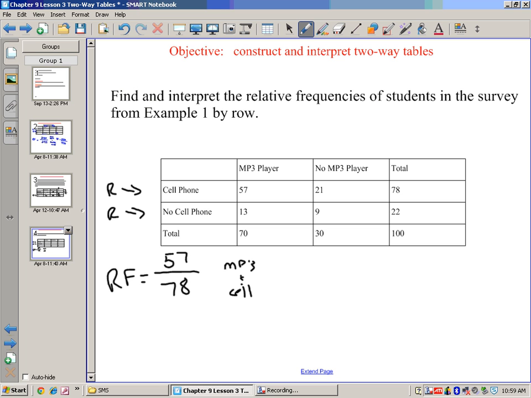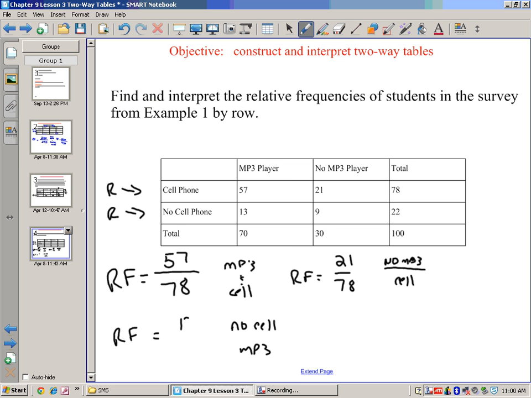Now our next one would be the relative frequency of no MP3 player. No MP3, but has a cell. So you have 21 over 78. Now the bottom row is no cell, but an MP3.